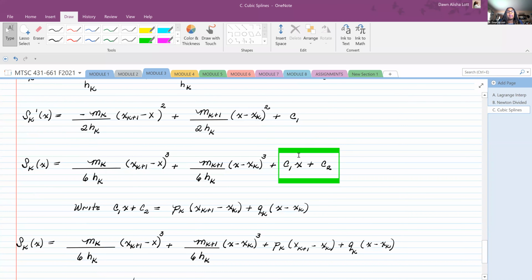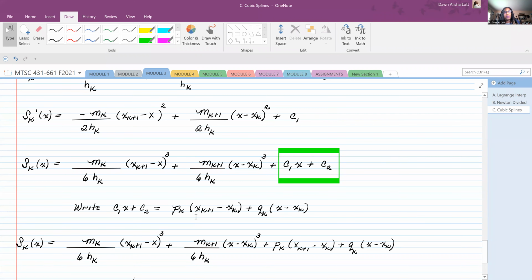And then we said that this little piece at the end is simply a linear function, and we chose to make our linear function something that looks like this. And the reason why we can make it look like that is because that itself is a linear function. If you put in xk, you get, let me see, something's not right. Yes, there is a mistake here.